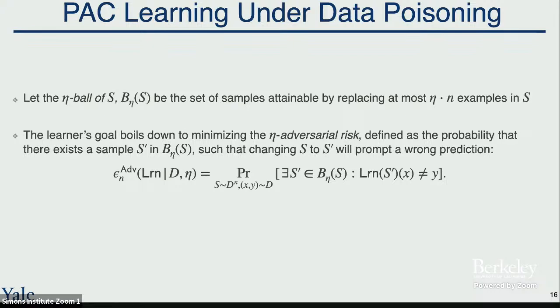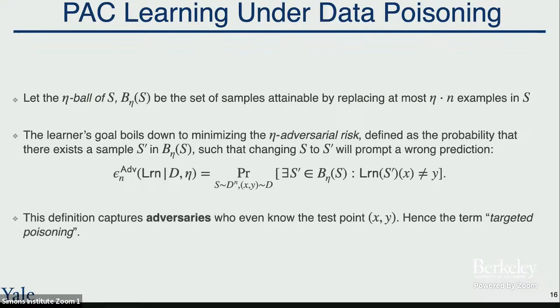Because if such an S prime exists, the adversary is going to use it, and you're going to have a wrong answer. We want to minimize this probability. That's the risk. This definition captures adversaries that even know the test point X and Y, which is why this is called targeted data poisoning. The adversary knows the target.